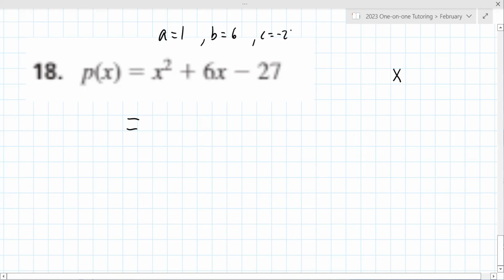I don't think it factors though, because it's x squared, there's not a 3. Oh, wait, no. So you're trying to find two numbers that multiply to negative 27 but add to positive 6: negative 3 and 9. Yes, so x plus 9, x minus 3.